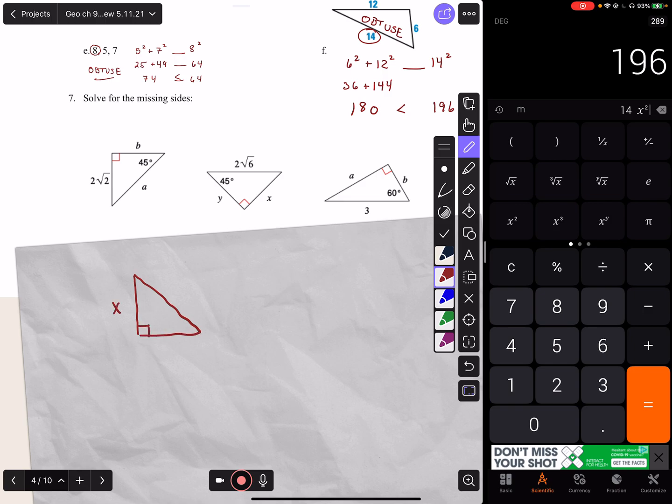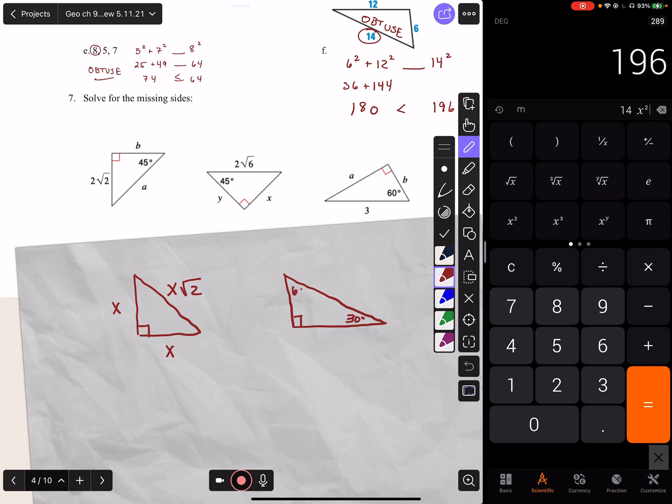It went x, x, and x root 2. And then we memorized the 30, 60, 90. Remember, the 30 is always across from the short side. The short side is x, so we go 1, 2, and 3, but it's root 3.